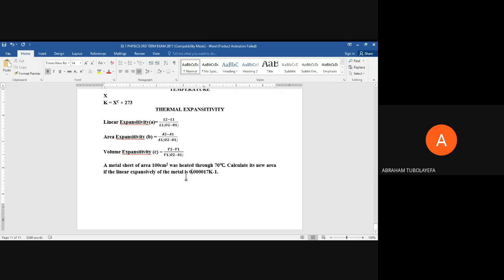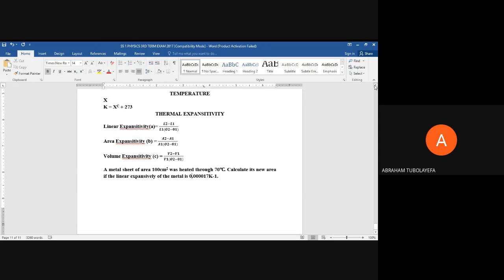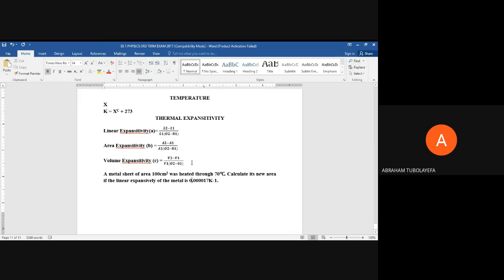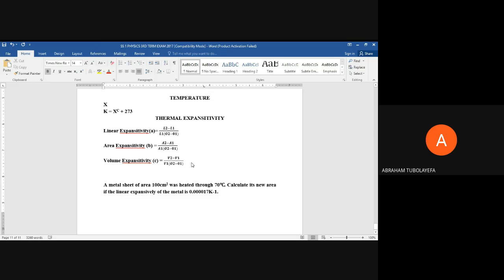You are given theta 2 minus theta 1, heated to 70 degrees Celsius. That means the increase in temperature is 70 degrees. You are told to calculate the area if the linear expansivity is given. They didn't give you volume expansivity, they gave you linear expansivity. Now the relationship, if you remember, I gave you the relationship between them.